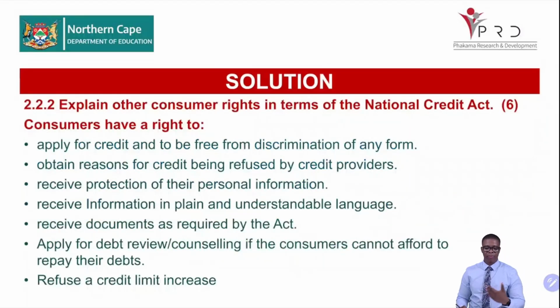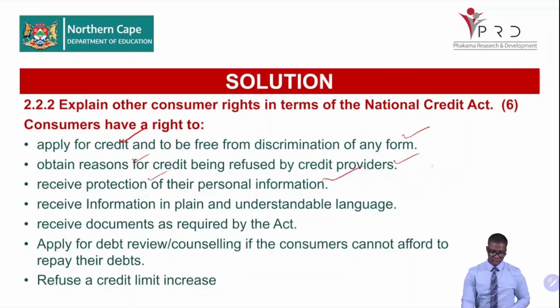Now we say, explain other consumer rights in terms of the National Credit Act. Consumers have the right to apply for credit and to be free from discrimination. They have the right to obtain reasons for credit being refused by the credit provider. Consumers have a right to receive protection of their personal information, because consumers use their personal information to apply for credit.